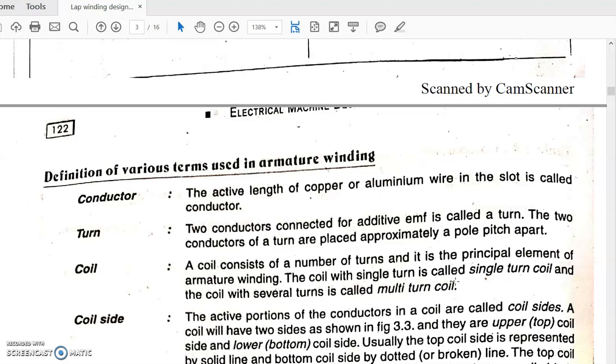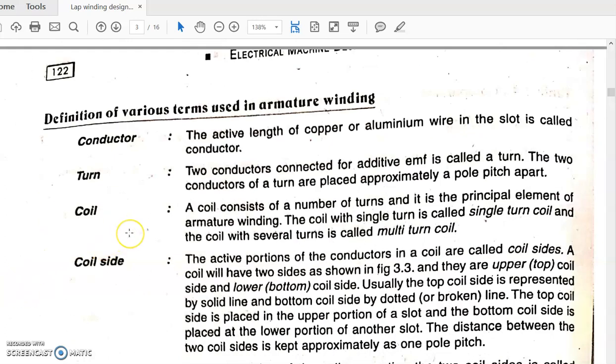Before getting into the armature winding design, we will discuss some of the important terminologies used in armature winding. As you know, a conductor is the active length of copper or aluminum wire in the slot. Overhang or end ring is not considered as conductor.